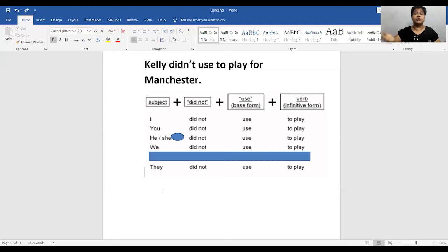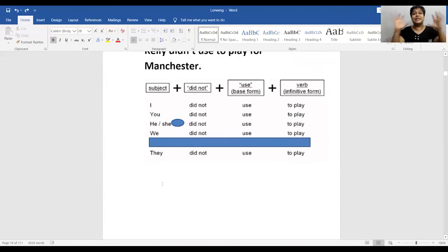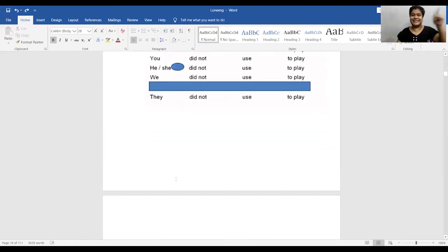You did not used to play with him. He or she did not used to play. We did not used to play. They did not used to play. So these are the forms and just examples for you to know. Instead of to play, you can say to cook, to wash, to clean, to whatever in the verb as the base form. Okay, let's go on.